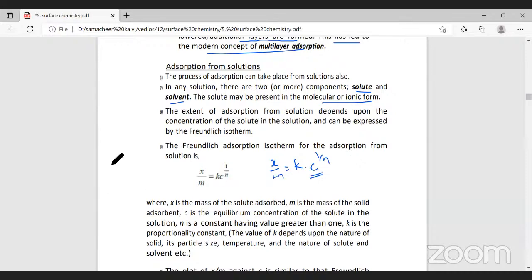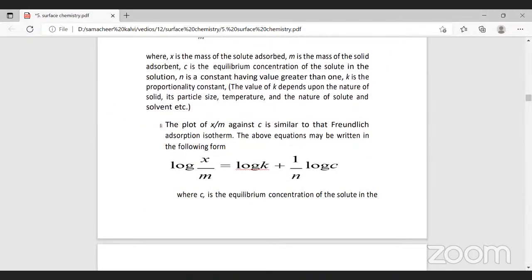In case of pressure, we write x/m = k P^(1/n). All the other factors remain the same. So the plot of x/m against concentration is similar to that of the Freundlich adsorption isotherm.